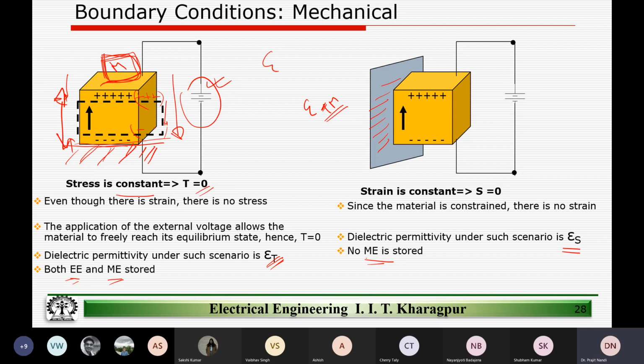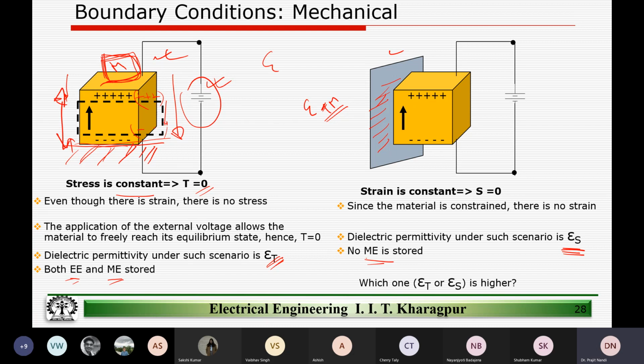The only difference between this side and this side is I've glued the material such that there is no deformation. And under this condition, if I'm applying a battery, I am going to refer to this as epsilon S.